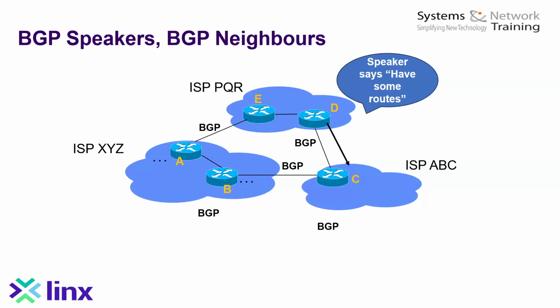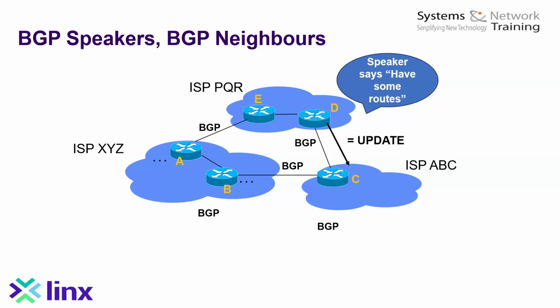And another buzzword here, if you ever hear the term update: when a BGP speaker sends its peer or neighbor an update, the update is going to contain one or more routes, some routing information. So D is sharing with C some information about routes that it knows about, so C can get that information.